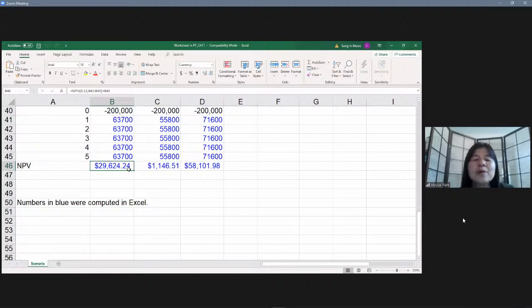So you can see how sensitive NPV is to the change in units sold. This project's NPV is quite sensitive to the sales amount. So this is how to do scenario analysis and sensitivity analysis using a numerical example. It's very important for you to be able to do this kind of calculation.